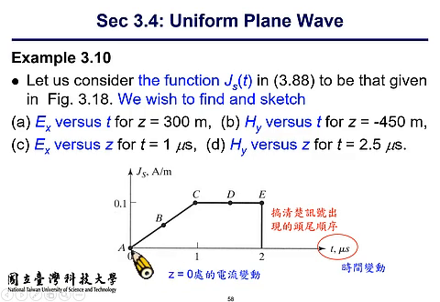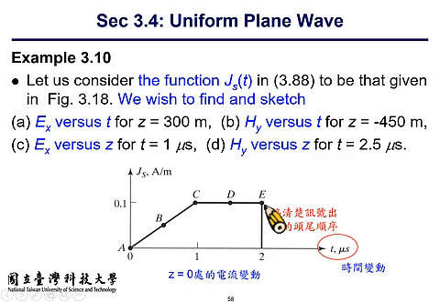Starting from time equals 0, the current density grows linearly from 0 to 0.1 amp at t equals 1 microsecond. Then the current density holds at 0.1 amp until t equals 2 microseconds.